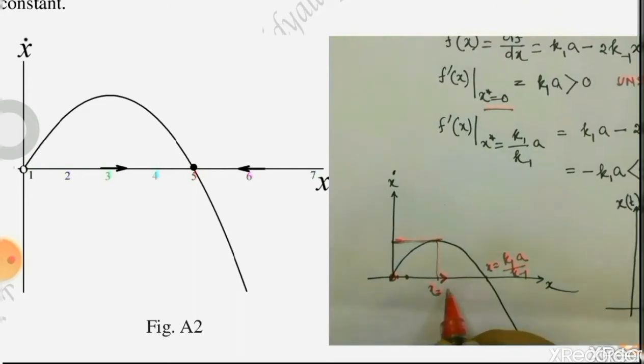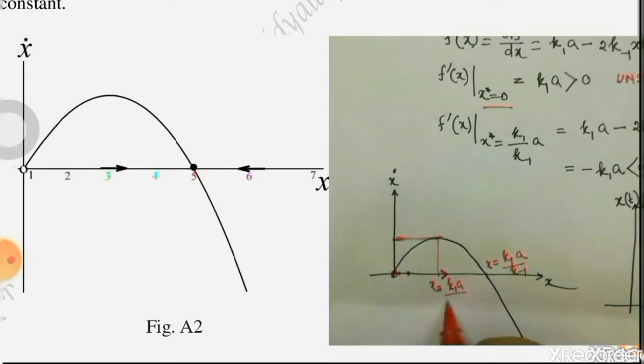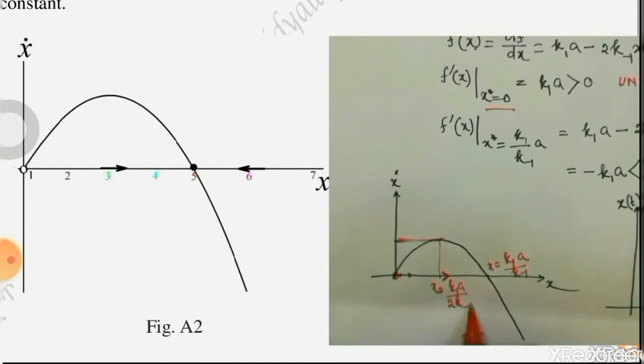This is half of the way. So k1a by 2 k minus 1.